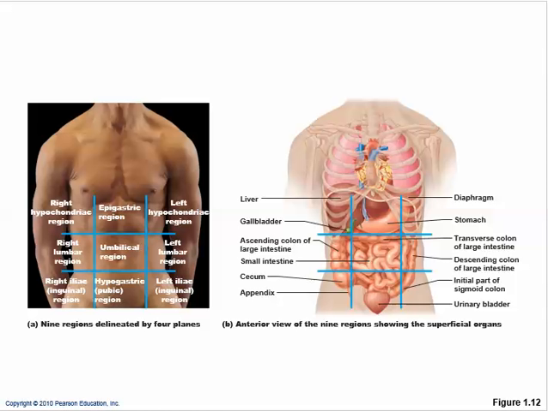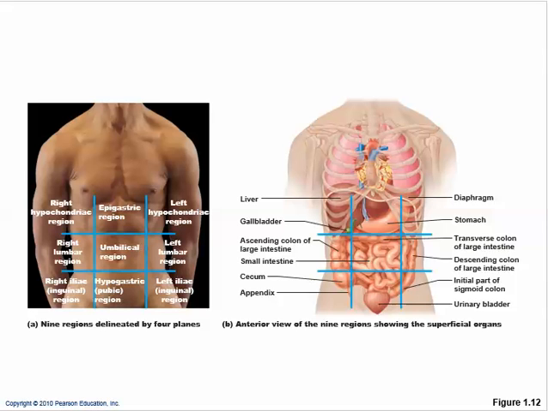Anatomically, we divide it into this kind of tic-tac-toe region. So anatomists will talk about the right and left hypochondriac region, the epigastric region along the top. The hypochondriac is below the ribs, that's what it means. Epigastric is above the stomach. The right and left lumbar regions. Umbilical region around the belly button.